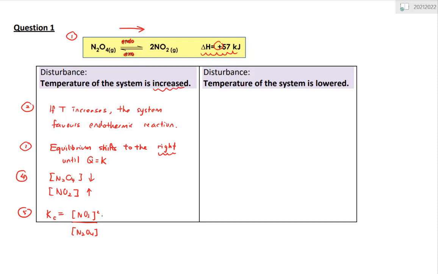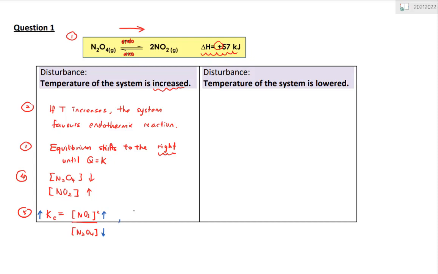So if the equilibrium shifts to the right, the concentration of product increases and the concentration of reactant decreases. So the value of my K constant, the equilibrium constant, will increase at the same time.